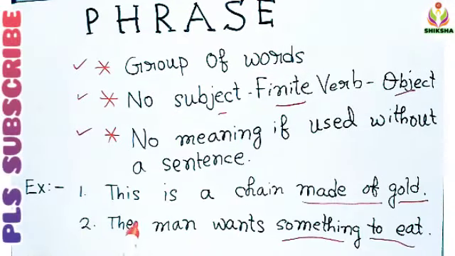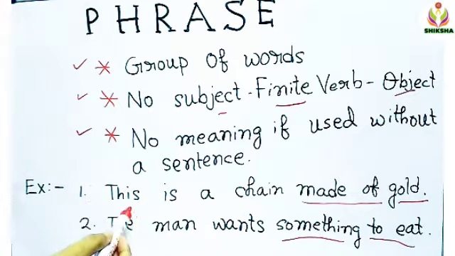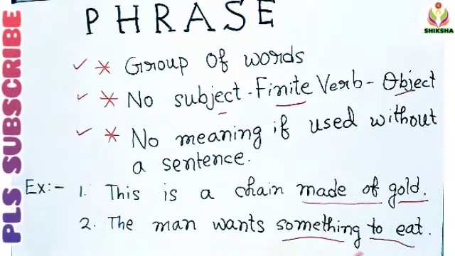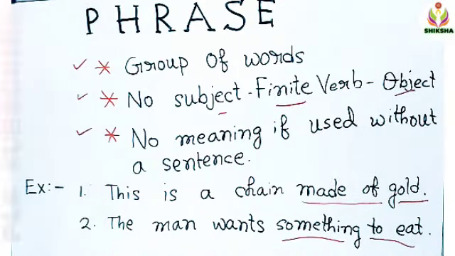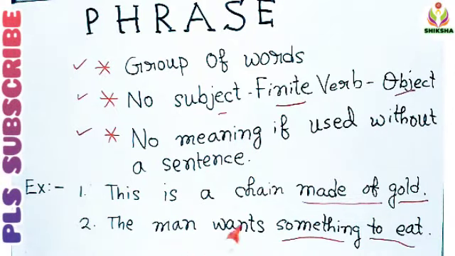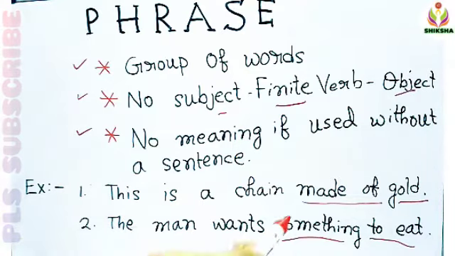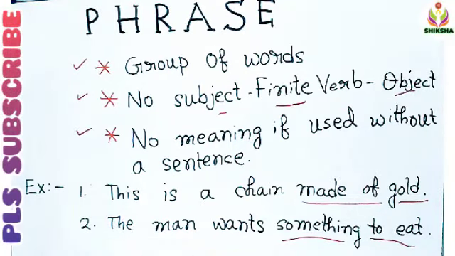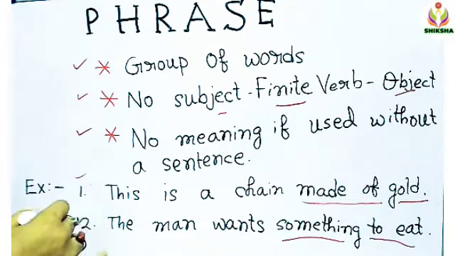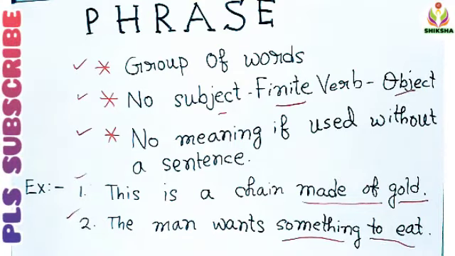Here in the first example, this is a chain made of gold. In the second sentence, the man wants something to eat. So here the underlined parts are helping these sentences to enhance the sense.